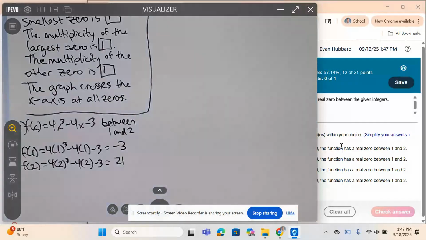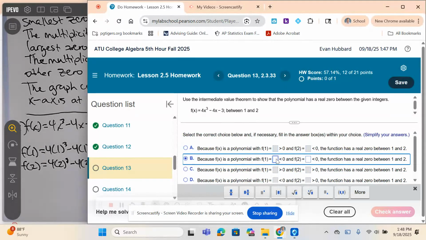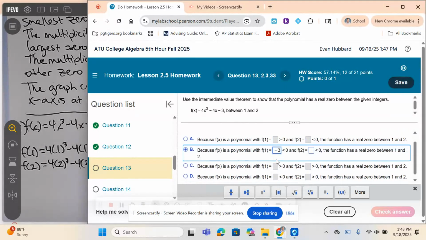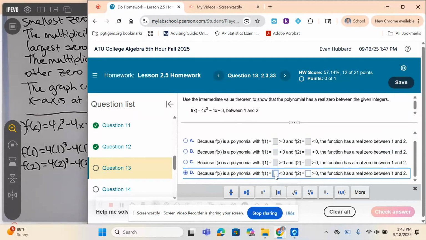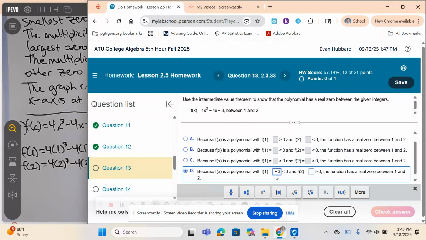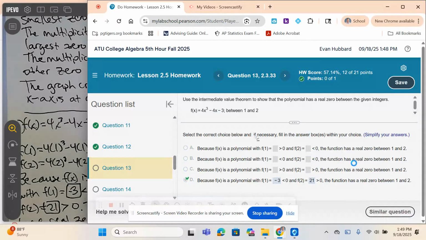So f of 1 is equal to negative 3, which is less than 0, and f of 2 is greater than 0. Let's go to the next question.